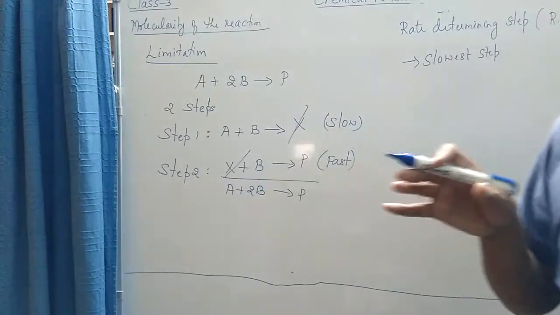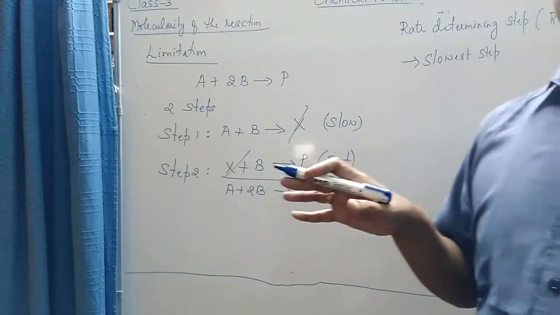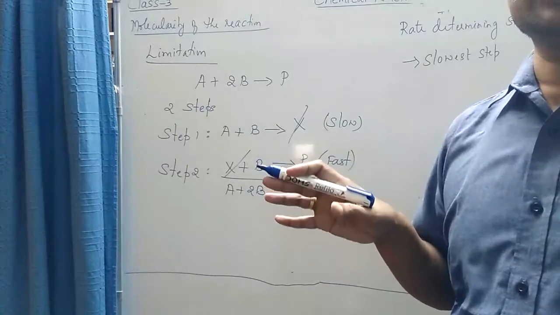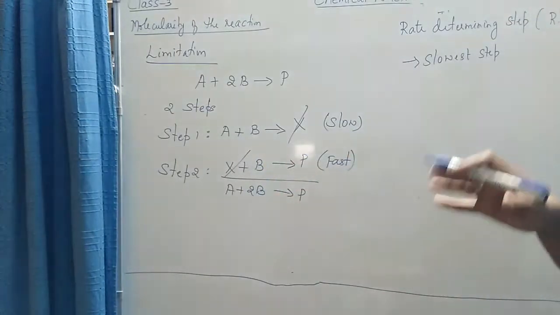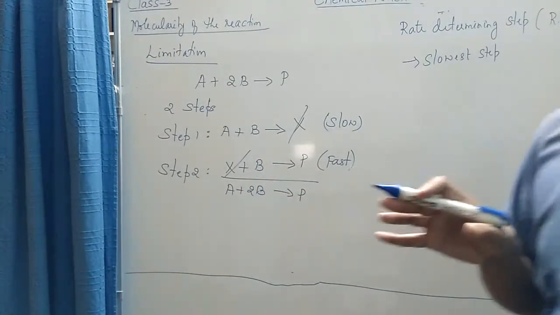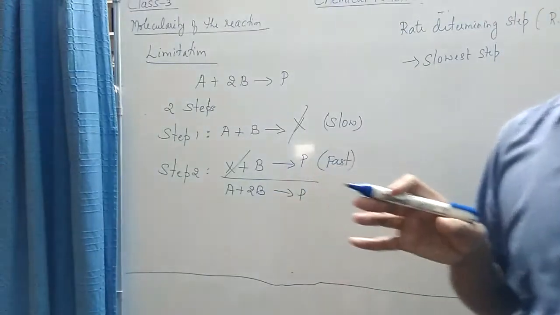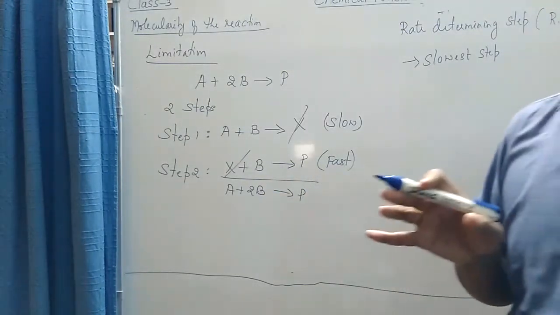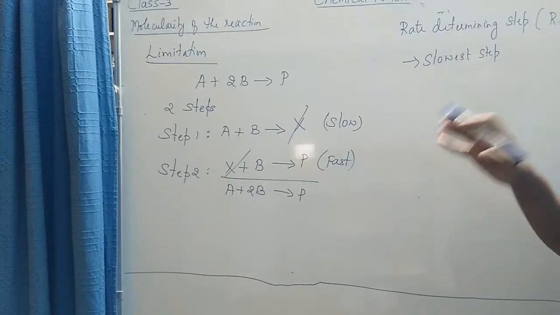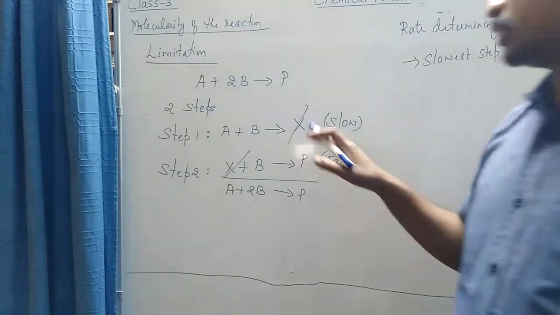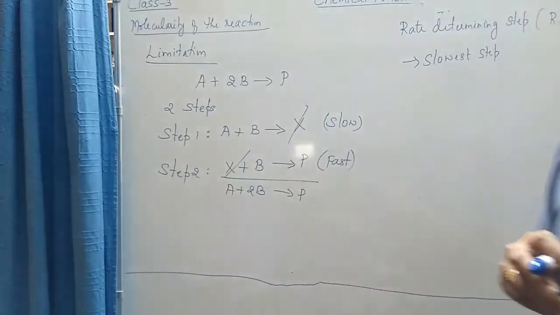The chances of their victory will be reduced because of the athlete who is very slow. So he is the one who will decide the outcome of the race, whether they will win or lose. Similarly, the overall rate of the reaction depends on the slowest step of the reaction.